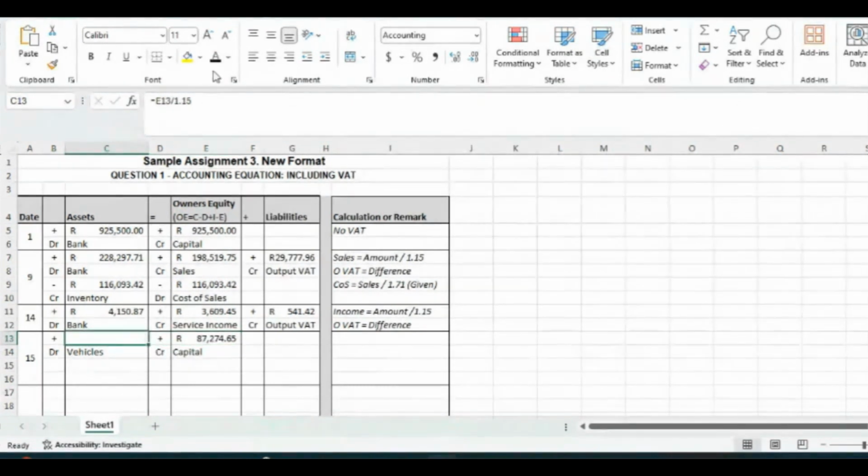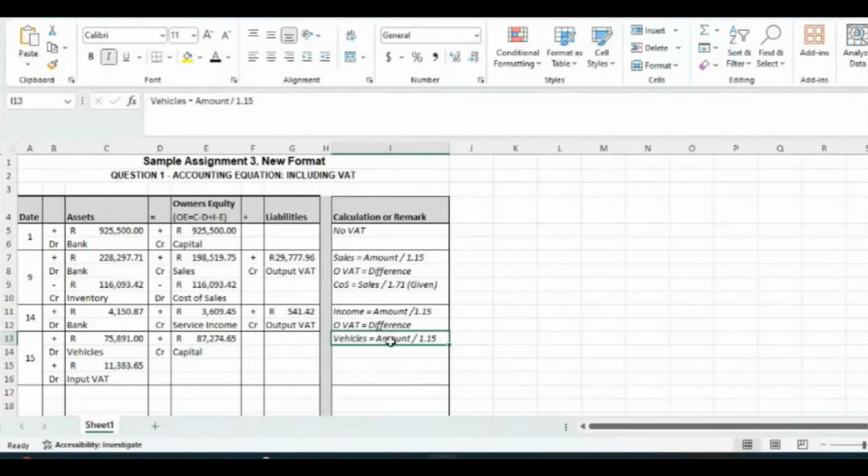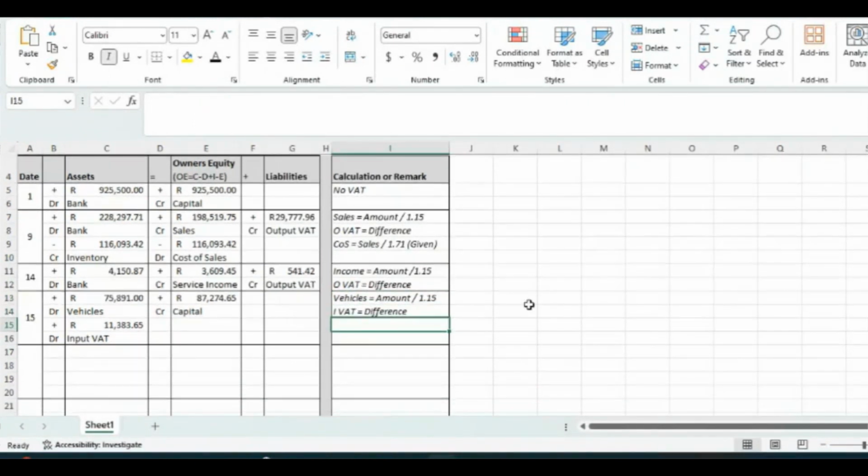We take out the VAT for the vehicle. And now what is going to happen? Well, there will be another asset account here that is going to be affected and therefore debited. And that asset account is obviously the input VAT. And once again, the input VAT is simply the difference between the two amounts. There are no liabilities that are being created in this case. So here we have the amount divided by 1.15, and the VAT is simply the difference. And that is all you have to do now with regard to that transaction. So let's go and look at the next one.